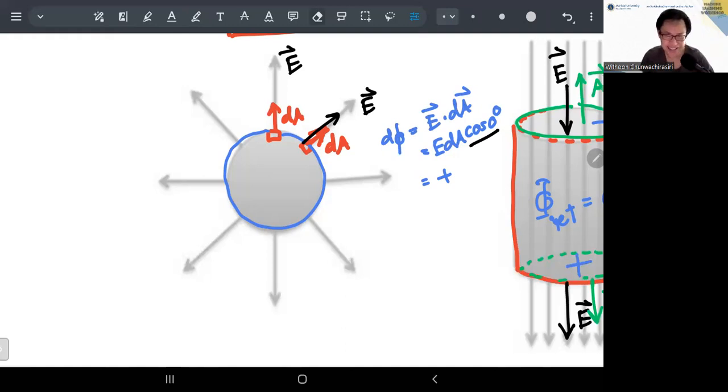Does that make sense? Okay. If there is electric flux coming out of this sphere, there must be a source generating these electric field lines.